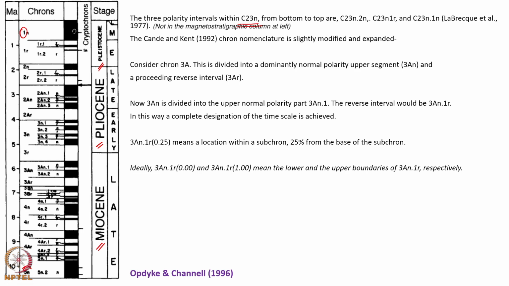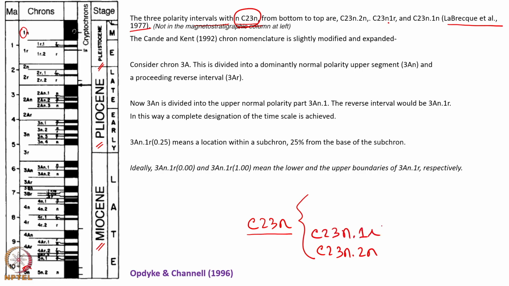Let us look at how the polarity intervals are presented as per this author. Consider C23N. Then this C23N has been divided from bottom to top as C23N dot 2N, C23N dot 1R, and the youngest is C23N dot 1N.